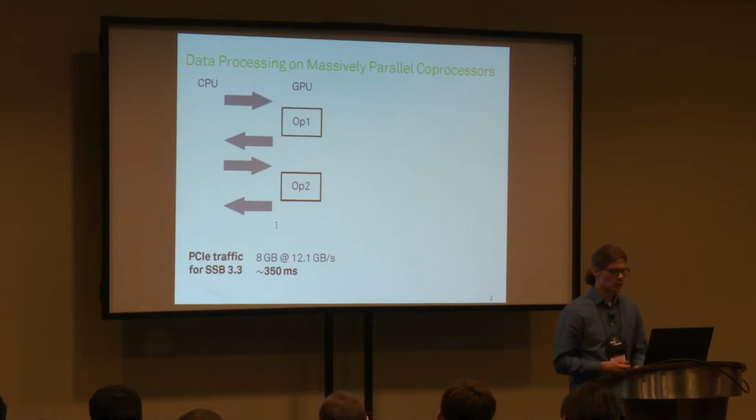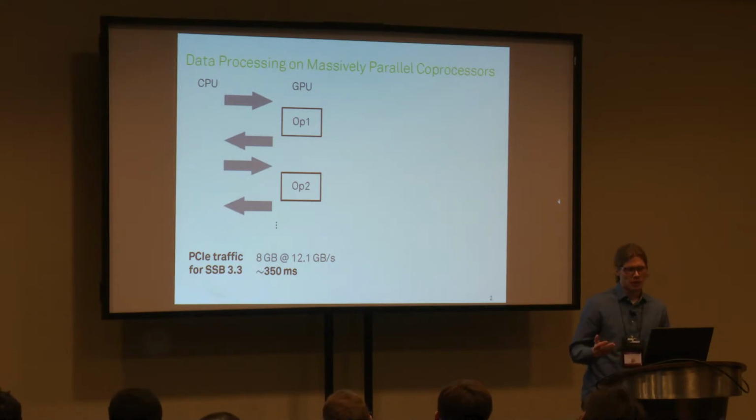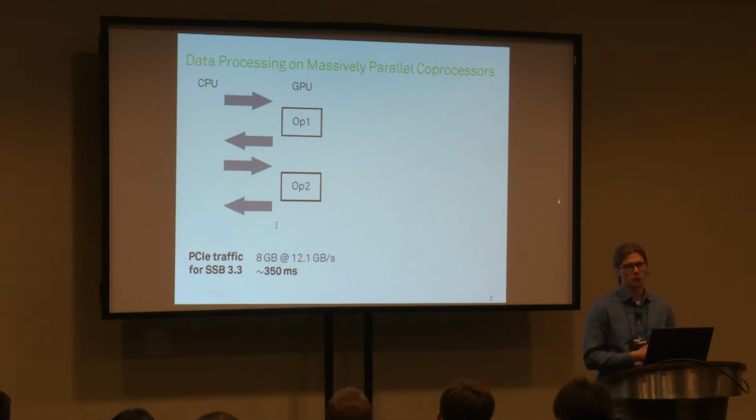For example, for the star schema benchmark query 3.3, SSB 3.3, this leads to a traffic of 8 gigabytes in total, which corresponds to a transfer time of 350 milliseconds.